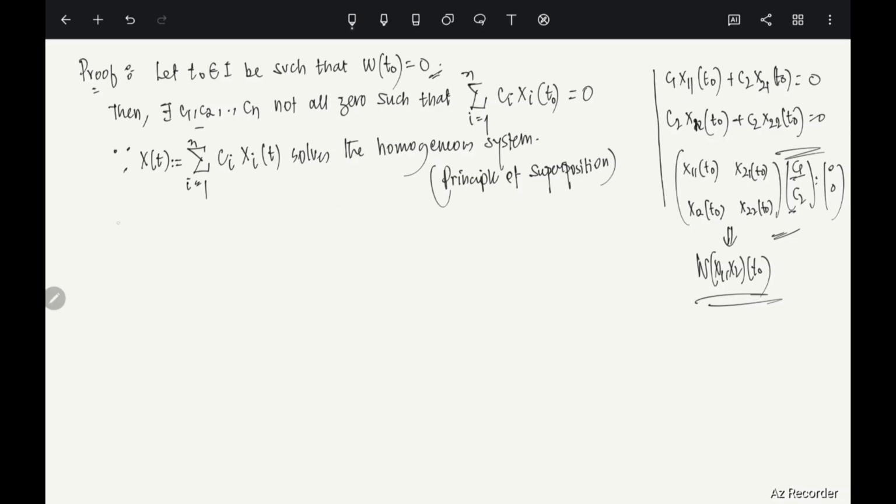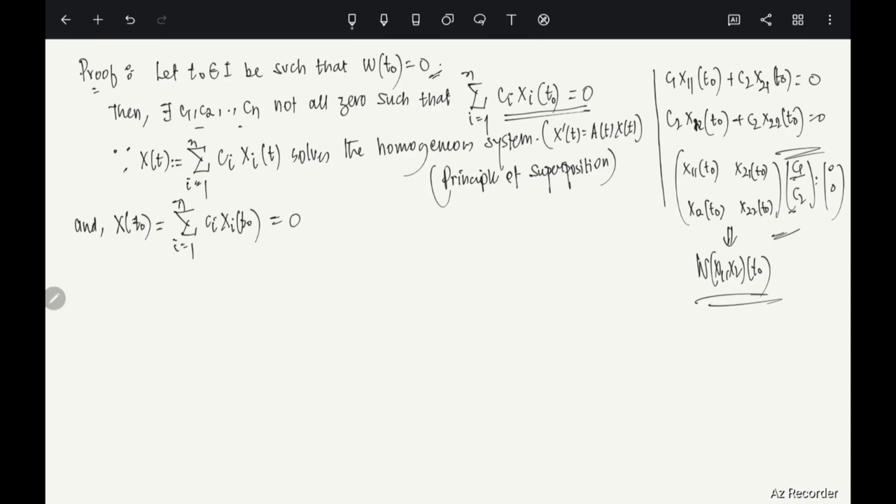Now you see what happens to x at the point t naught. That is nothing but the summation i equals 1 to n of Ci xi at the point t naught, and for these Ci's, that summation at the point t naught is 0. So you have x(t) satisfying the homogeneous system, x prime of t equals A times x(t), and x at the point t naught is 0.